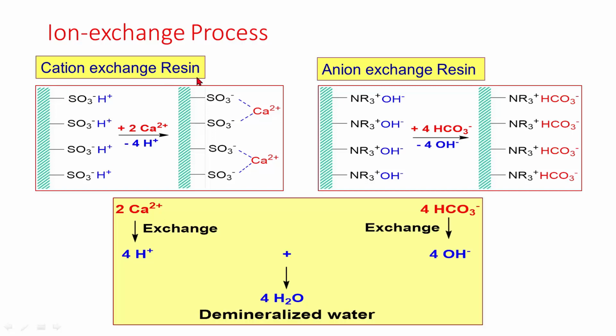Here in cation exchange, calcium and magnesium ions are exchanged with the protons of the resin. In anion exchange, the anions present in water are exchanged with OH ions of the resin. This proton and OH combine to give water. It is termed as demineralized water.